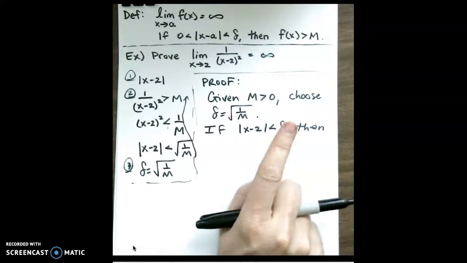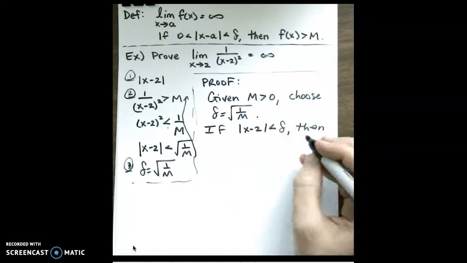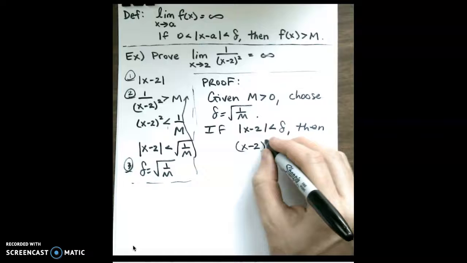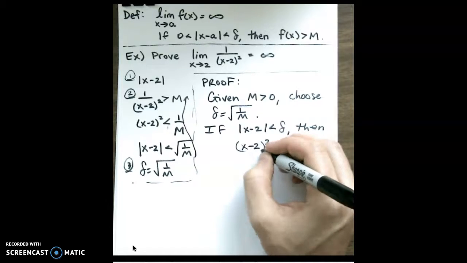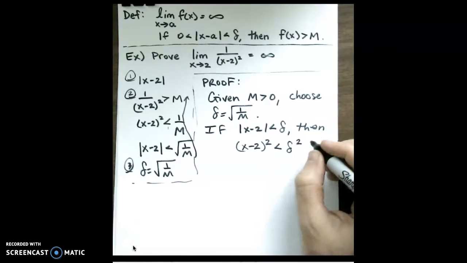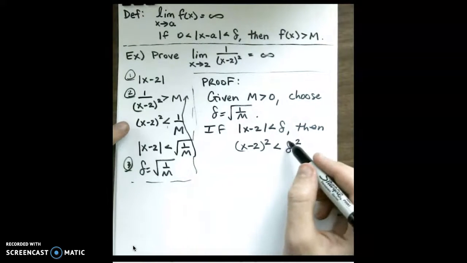X minus 2 is less than delta. I can square both sides. So I can say x minus 2 squared, which is always positive, so I don't need the absolute value anymore, is less than delta squared. I then can change it into a fraction.